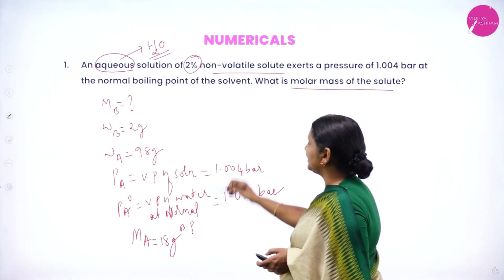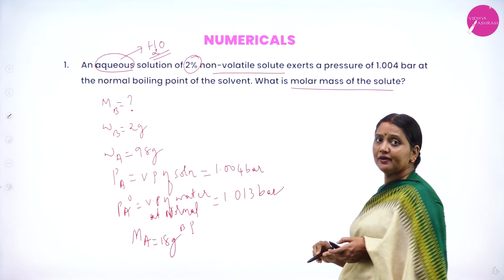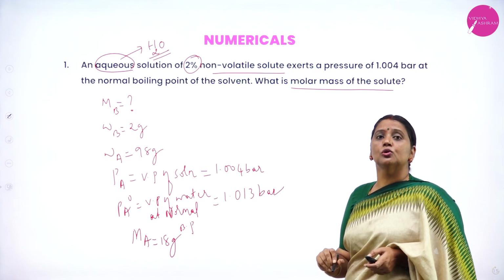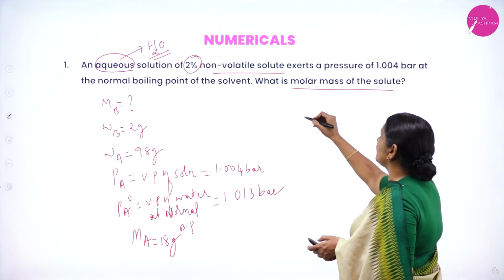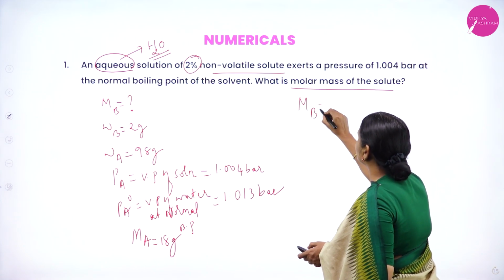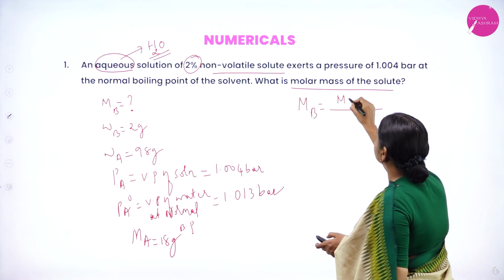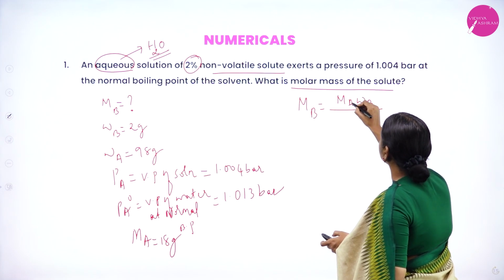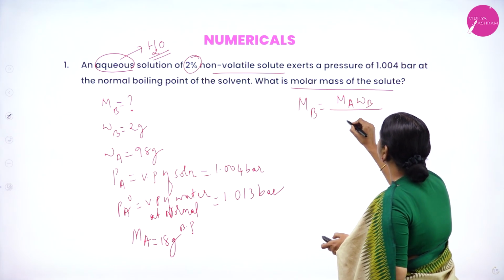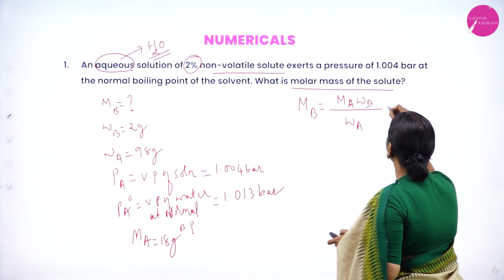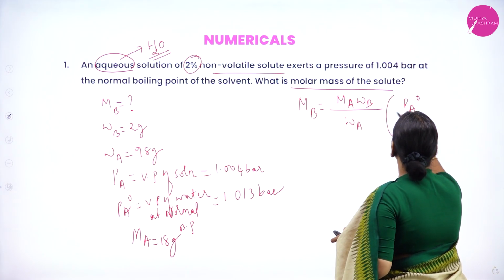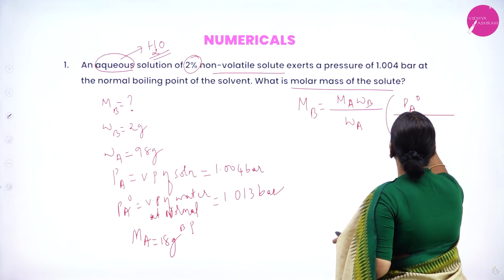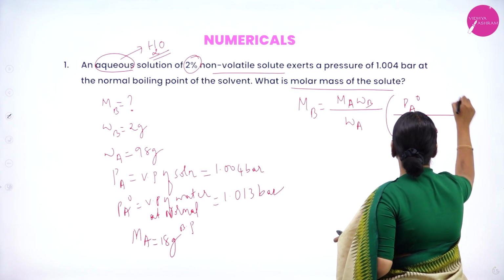Now, PA and PA naught are given, so it is nothing but relative lowering of vapor pressure. What's the formula? MB is equal to MA into WB divided by WA into PA naught divided by PA naught minus PA.